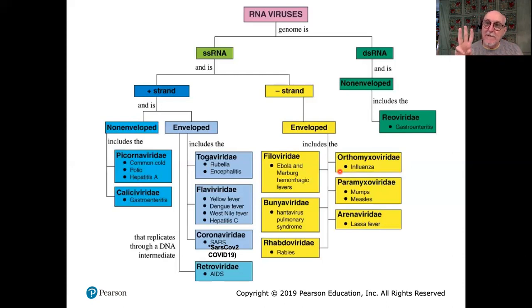And there are 3 principal hosts: poultry, ducks, chickens, etc., but especially duck, pigs, and human beings. Those are the 3 principal hosts for the Orthomyxoviridae.